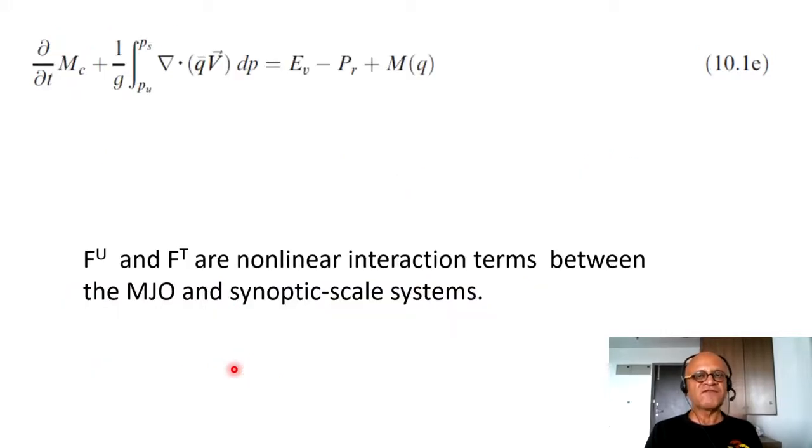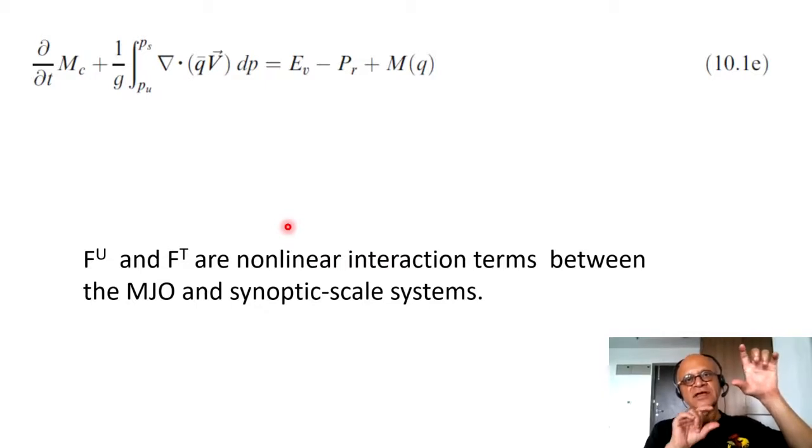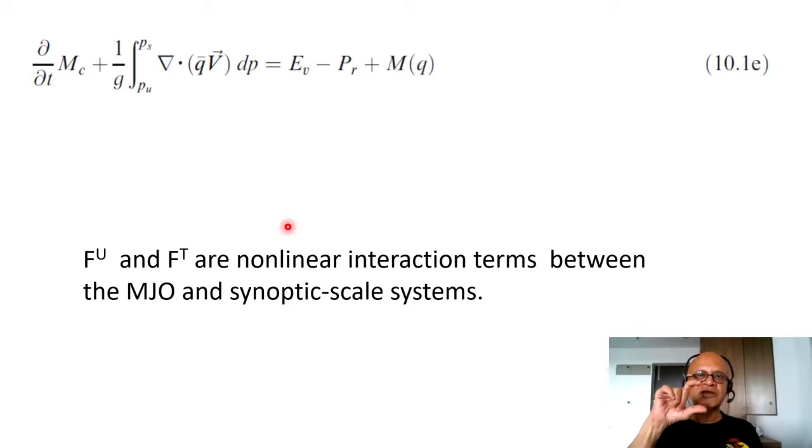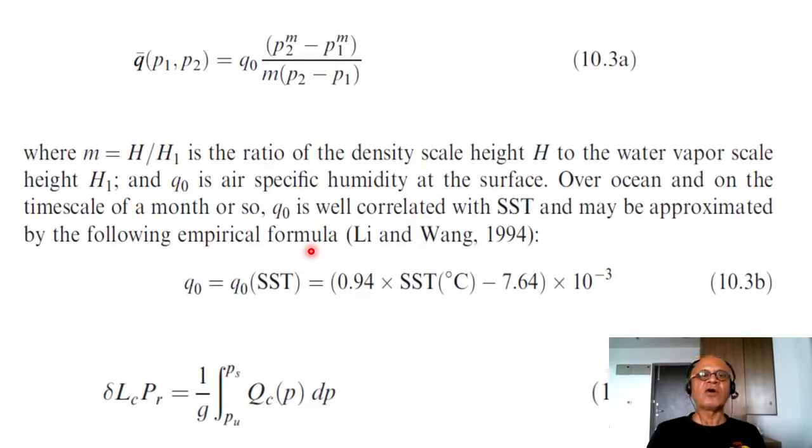Okay, so those are the basic equations, and this is for the free atmosphere. Then you can tack on a boundary layer where you make the assumption that it's uniform in the vertical, so you make it a barotropic layer, which then becomes a half a layer in the jargon of how this is mathematically represented.